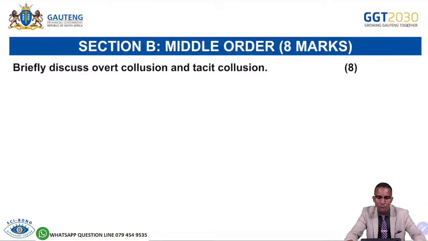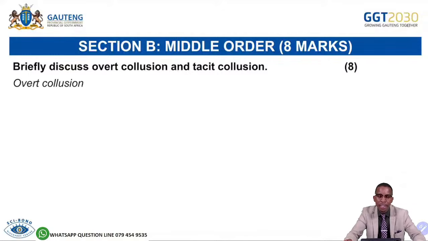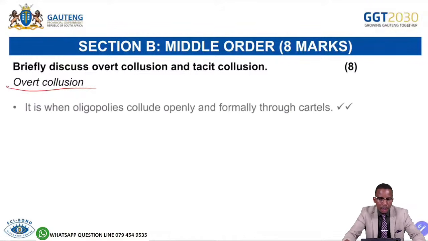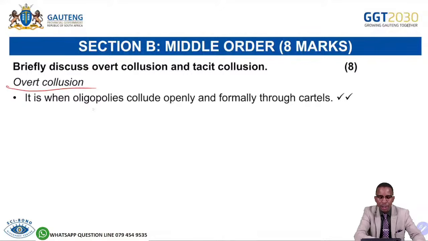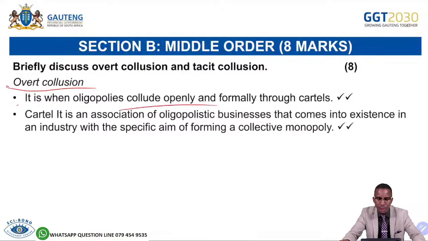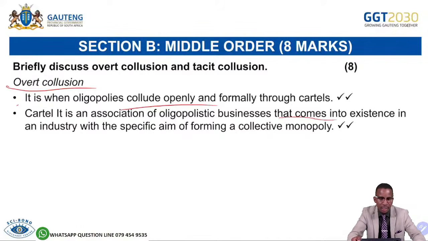Briefly discuss overt collusion and tacit collusion. So we are giving the difference basically, or we are just discussing them both, implicit and explicit. Overt collusion is when oligopolies collude openly. So we call this one explicit collusion. They collude openly or formally through cartels. And then a cartel is an association of oligopoly businesses that comes into existence in an industry with the specific aim of forming a collective monopoly.